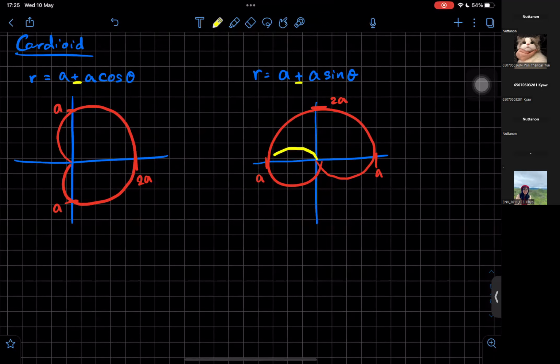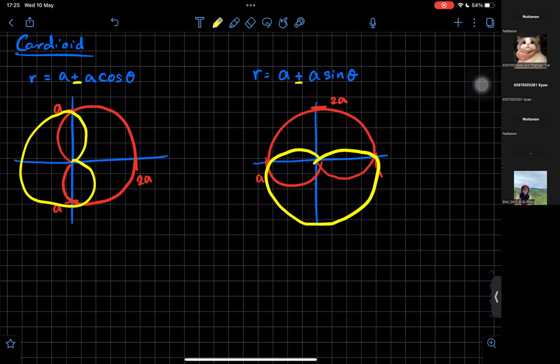It's going to be like this, and this is also going to be like this, something like that. If it is minus, then it's going to flip to another side. This is called the cardioid.